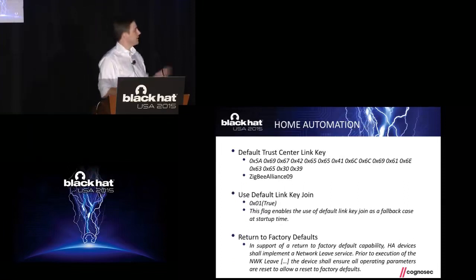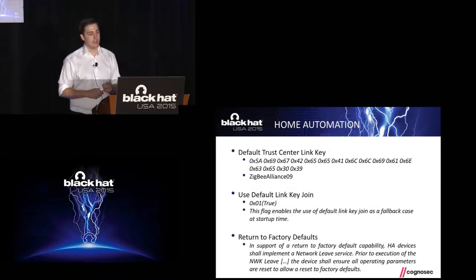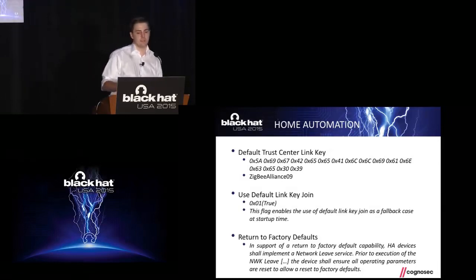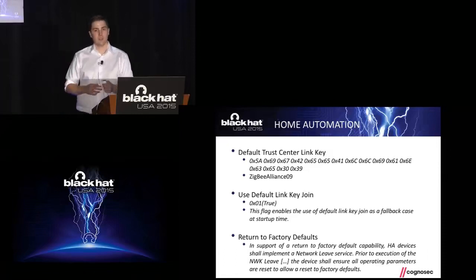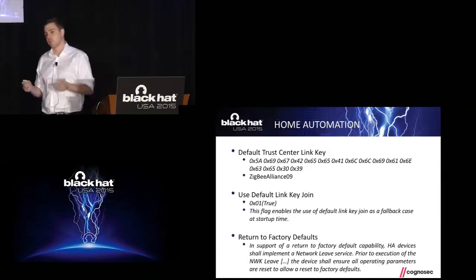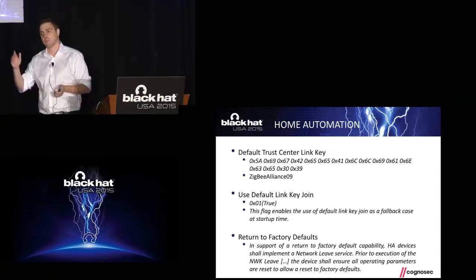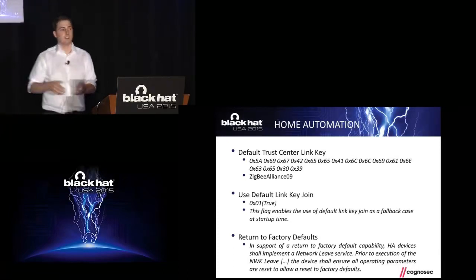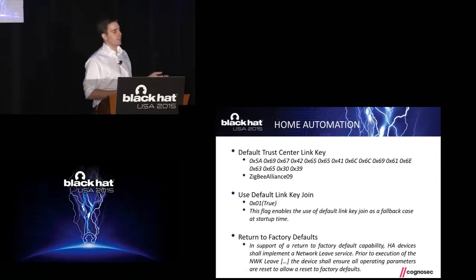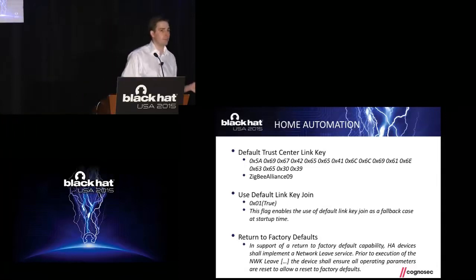So those are our 3 attributes from the home automation application profile. As you see, the first is a default trust center link key. What is a default trust center link key? As you might have noticed before, when a device wants to join a network, it asks the trust center for the key. In the past, they did it in plain, so they sent the key unencrypted.